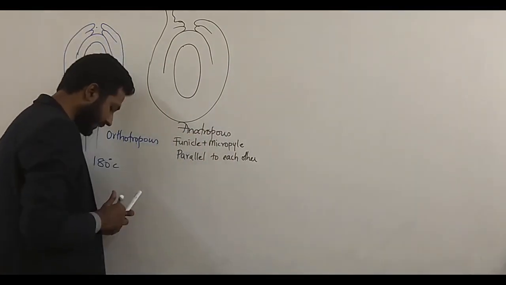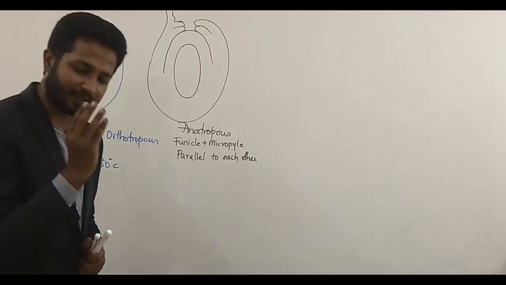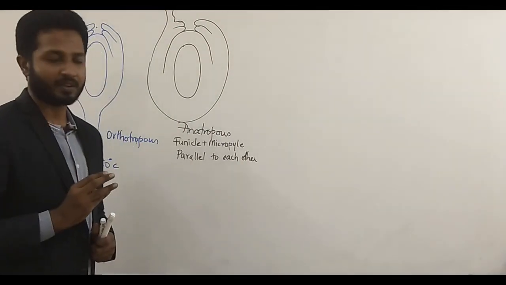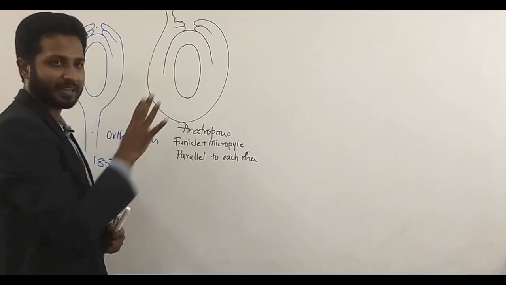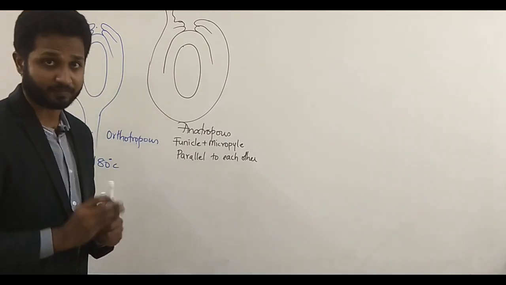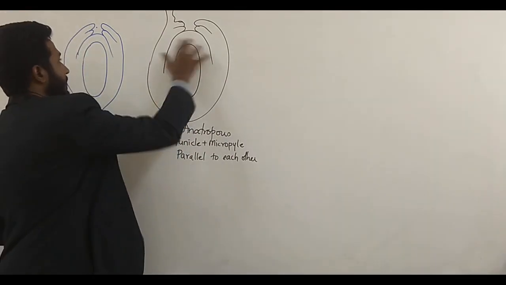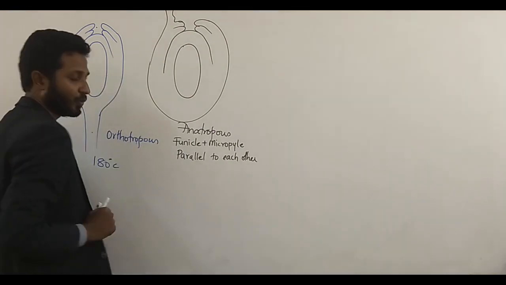Please remember, for NEET, you either need to remember the definition or the diagram. Very important. So, anatropous ovule, orthotropous ovule.